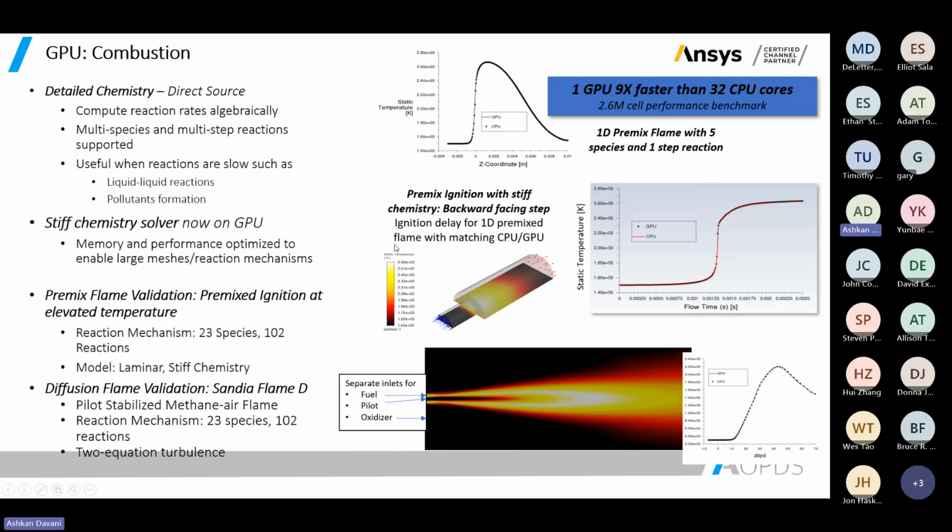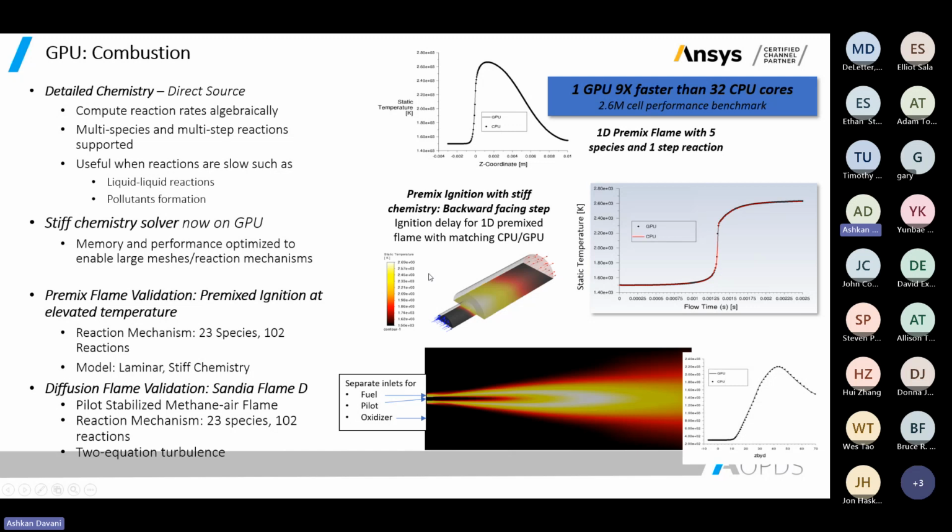Ansys already did a lot of testing, both for premix and non-premix or diffusion flames, normally using the industry standard Sandia flames, well studied, well documented, and even for reactions with 23 species and hundreds of reactions, these results are validated, tested, and you can, with peace of mind, use all of them on GPU, which again increases the speed of your computations by orders of magnitude.